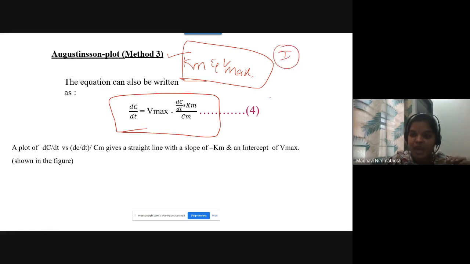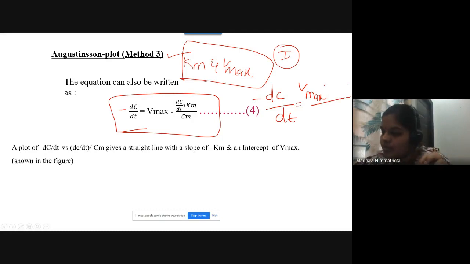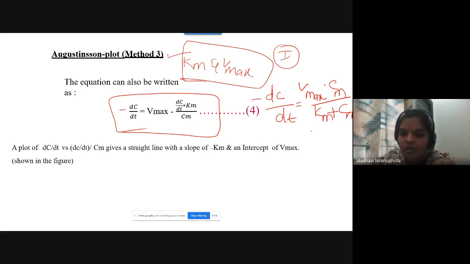So first you have to write dc by dt is equal to Vmax into Cm by Km plus Cm. First, everyone has to write this equation. From this one equation, the classic Michaelis-Menten equation, we will get the fourth equation of the plot.